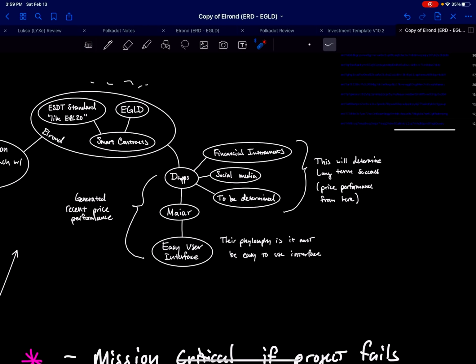So now that they have these dApps on here, recently they had some spectacular price performance, and this opening up of this dApp economy with their Mirror wallet and easy to use interface is what created the hype for the recent price performance, where they had some insane run in price.